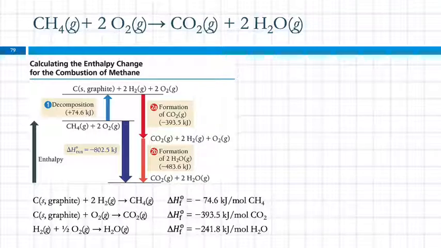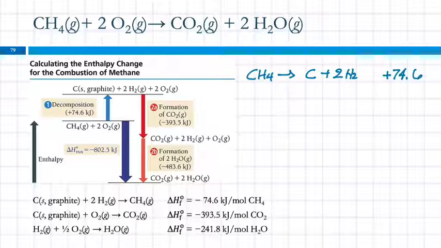So I want CH4 to be a reactant, right? So I'm going to write CH4 goes to carbon plus hydrogen. And the delta H there, I have to change the sign. I don't have a lot of space here, so I'm going to leave off the units and the delta H's and all the state symbols.